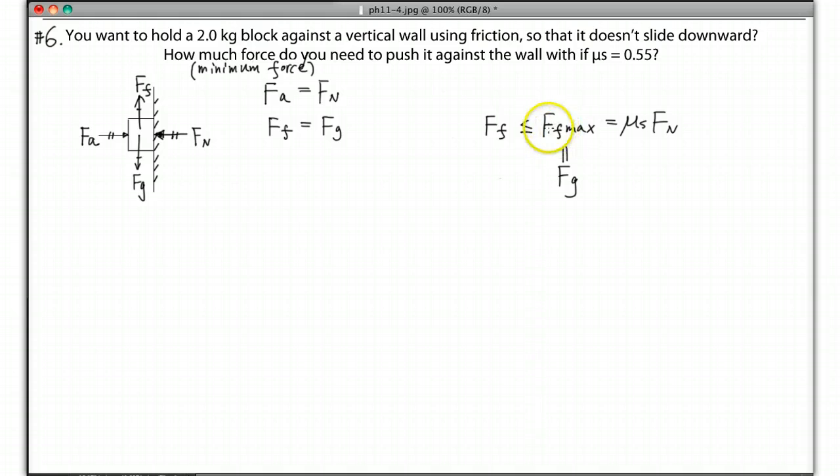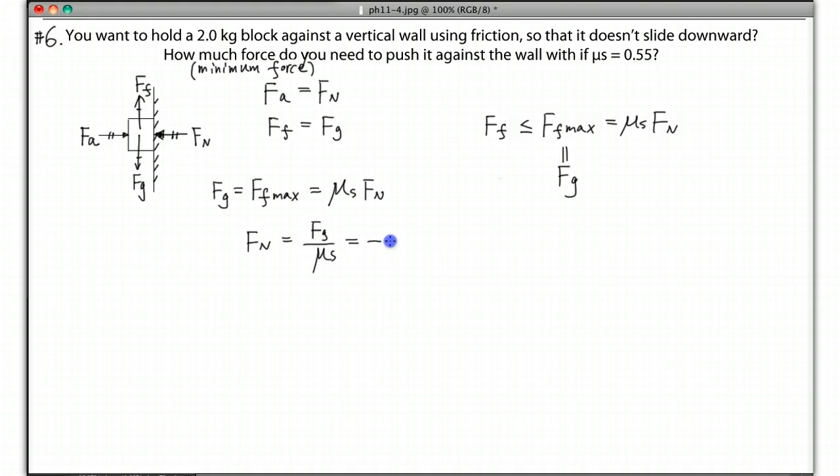Okay, so that means this is going to be the equation. Friction maximum equals mu s Fn, and as long as you make the maximum friction just equal the gravity, it won't slide down. So in that case, you can find Fn equals Fg divided by mu s.